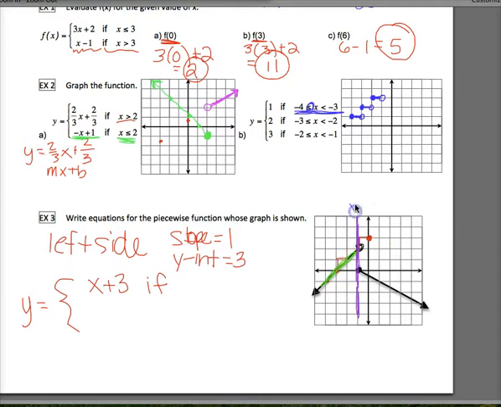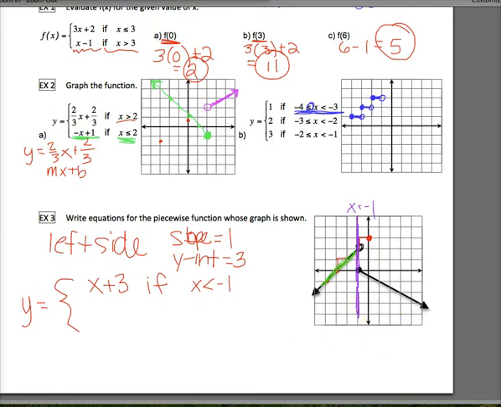And the value of x there is x equals -1. So the values to the left of that breaking point, left of x equals -1, are the part of the equation that I just wrote. So my restriction is going to be if x is less than -1. Do not put an equal there because that was an open circle. Open does not get the equals. So there's my first part.